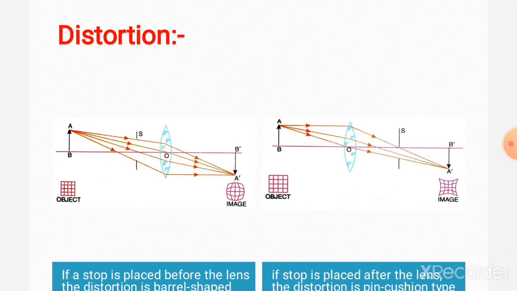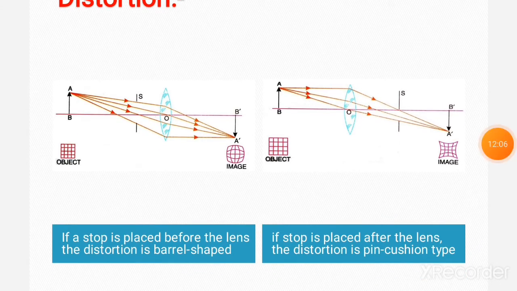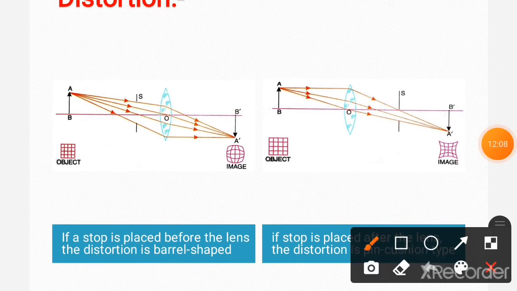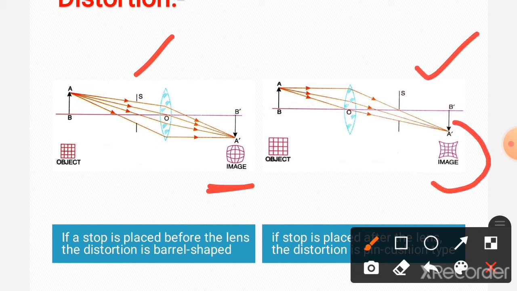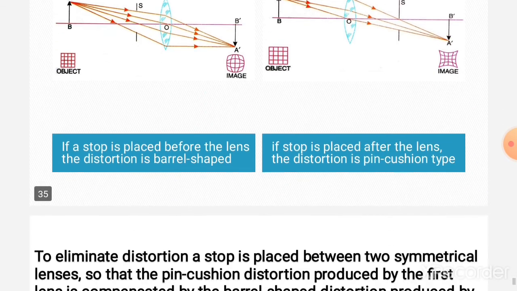See here, in this case the stop is placed before the lens, then we get barrel shaped distortion. If the stop is placed after the lens, we get the image like a pin cushion shaped distortion.